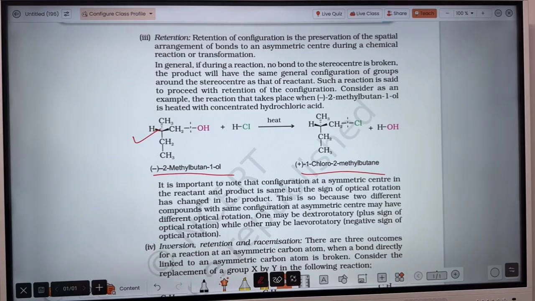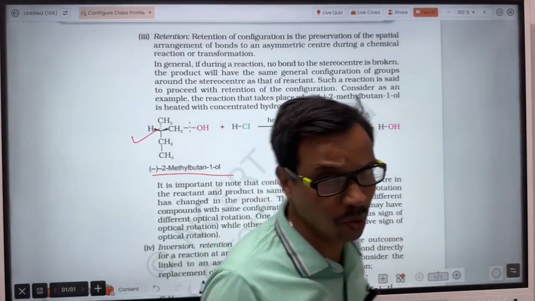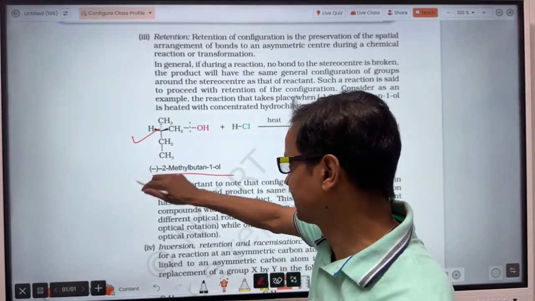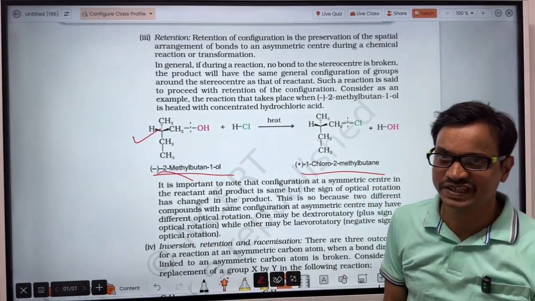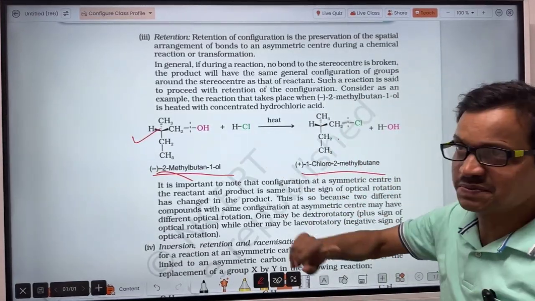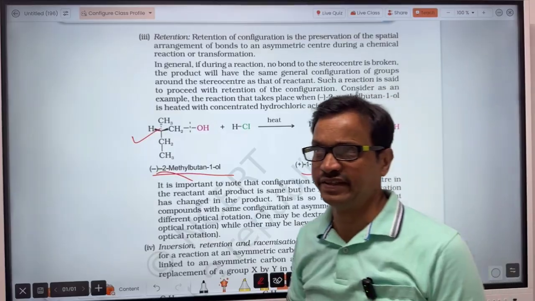That is important for those preparing for JEE as well as NEET, and particularly for NEET, the question will directly ask which of the following compounds is levorotatory. This one and 2 other options will be given.